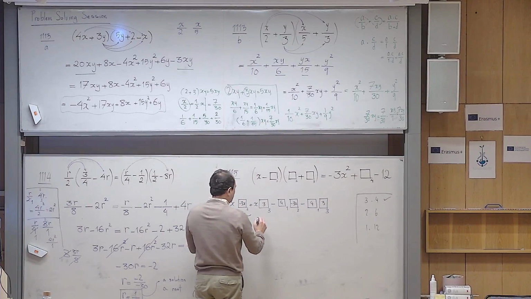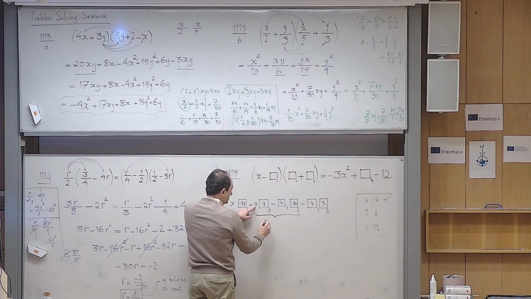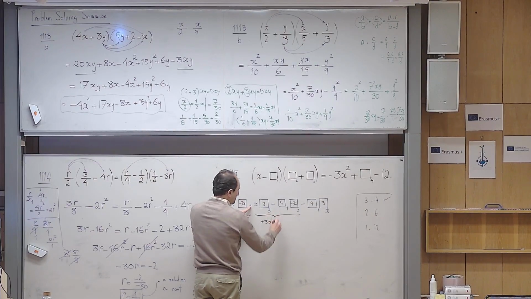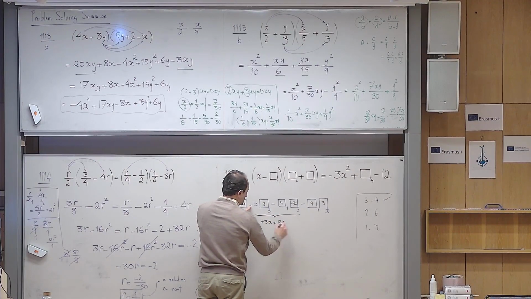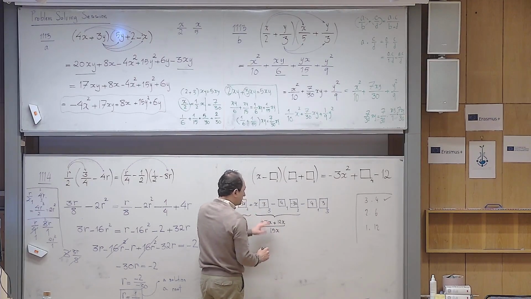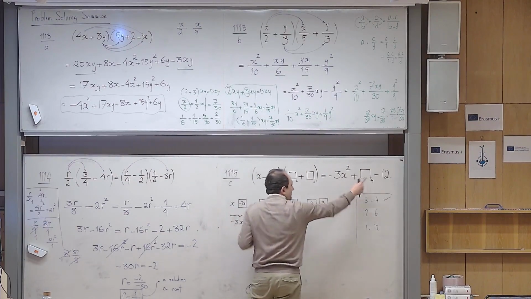But this part, this becomes 3x positive. This becomes positive or negative? Positive. Positive 12x, which becomes what? 15x. But I am not sure that this is correct unless I check the last one, because this middle one is absent.